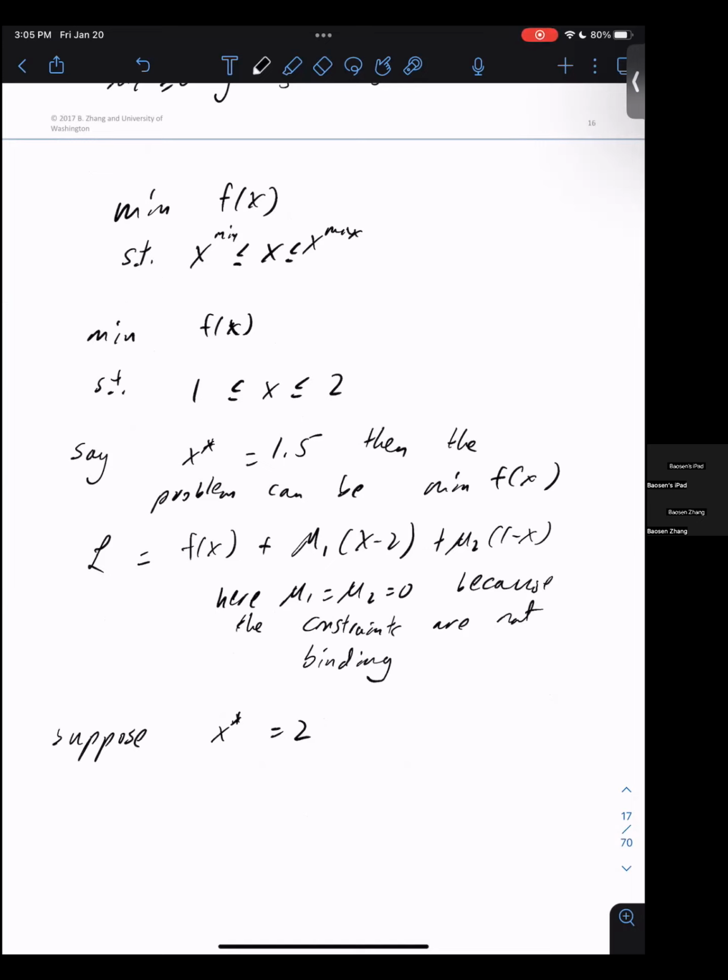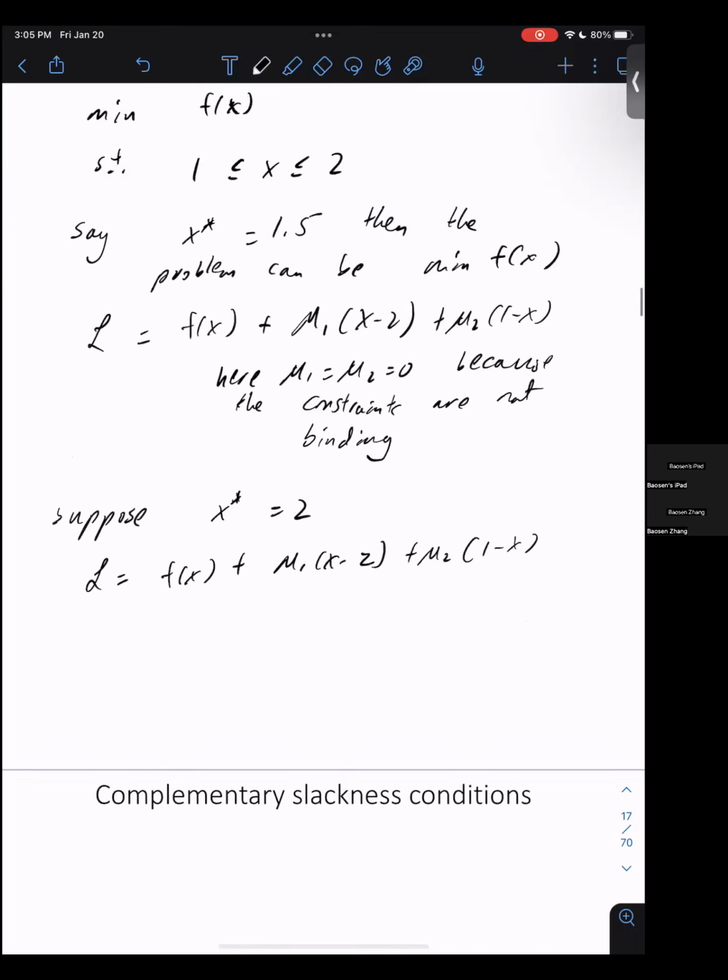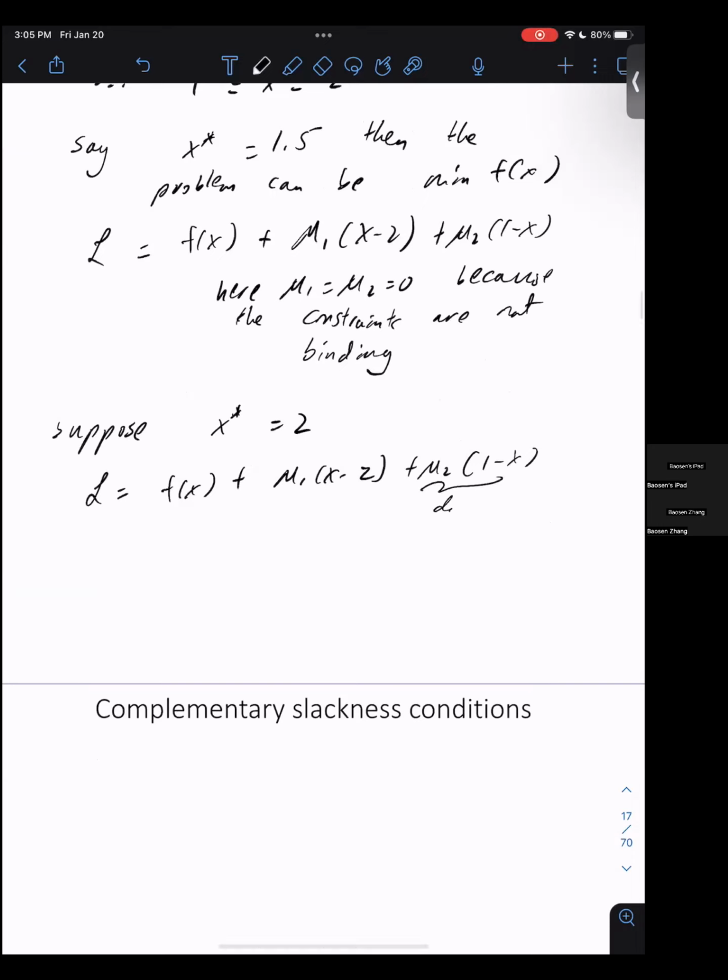So how do you describe that this constraint matters? Well, let me put the Lagrangian, mu 1 times (x minus 2) plus mu 2 times (1 minus x). This one doesn't matter, so mu 2 has to equal 0.